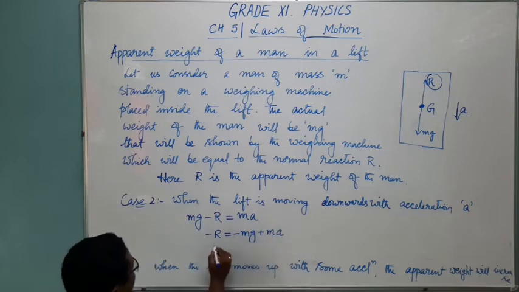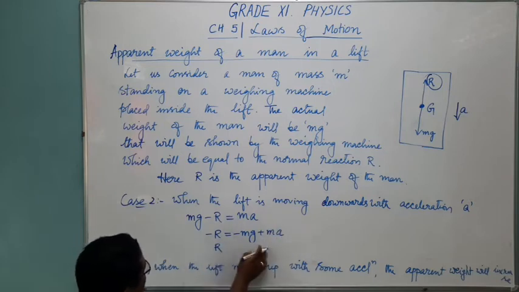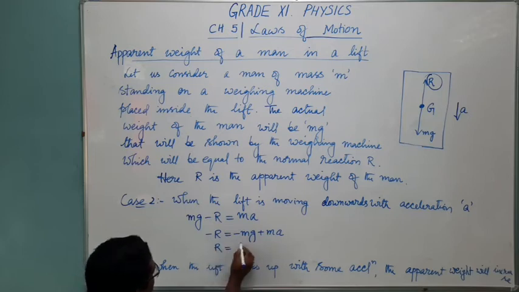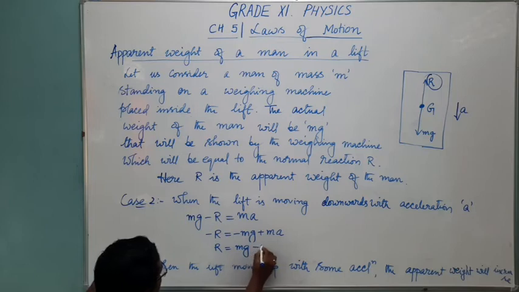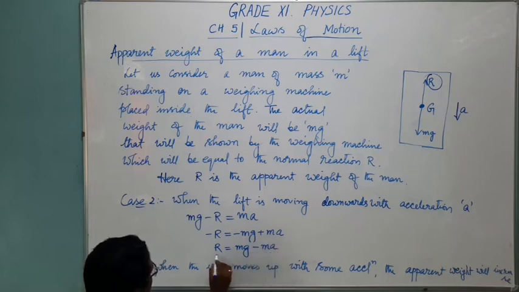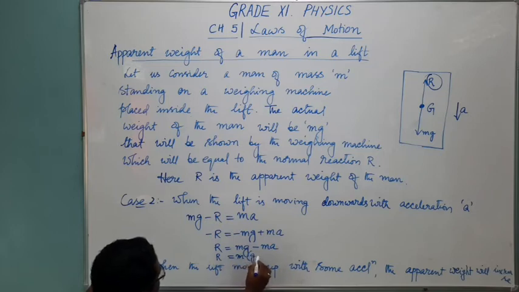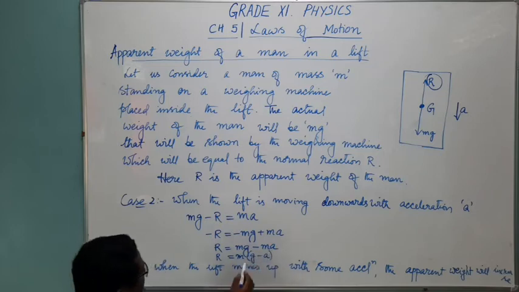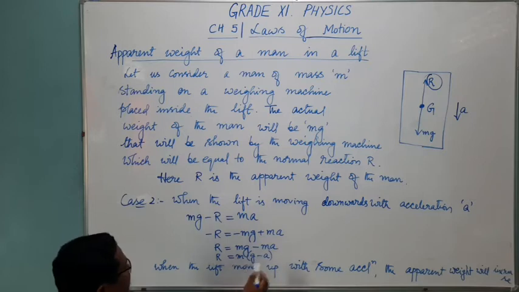If you change the sign throughout, left hand side and right hand side, minus will become plus, and plus will become minus. In this case you get R is equal to mg minus ma. On m if you take common, it will be g minus a.